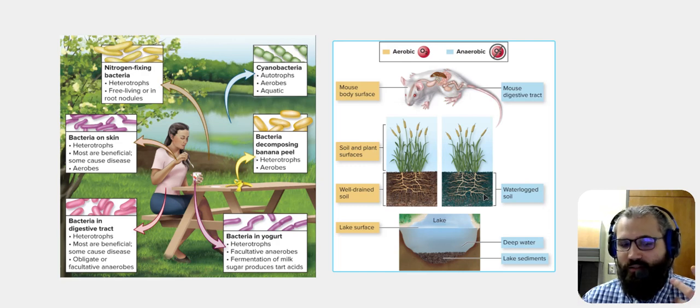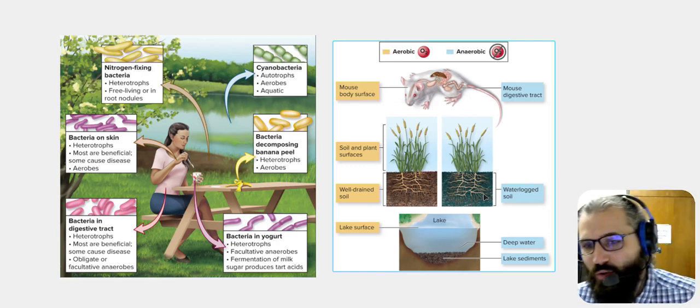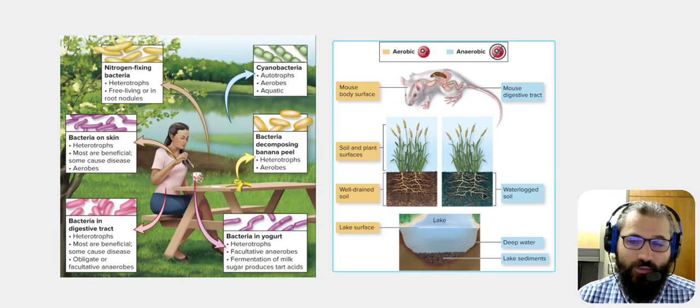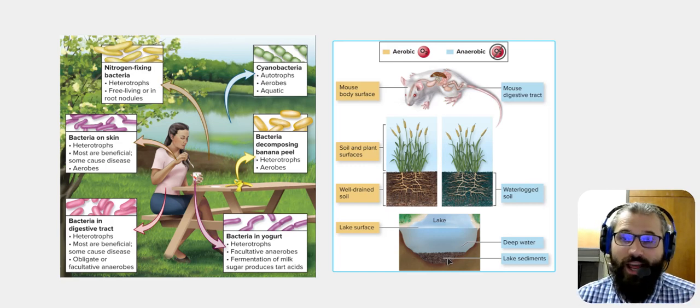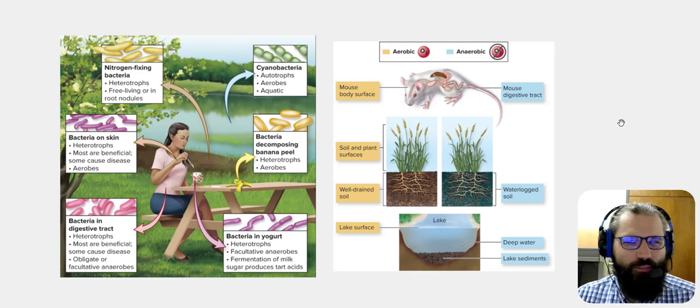If water is saturating, all of a sudden you don't have a lot of gas exchange possible, right? Same thing at the bottom of a lake or a river. With a river it's a little bit less because you have a current, but at the lake you can have sedimentation, and in those or in deep water there's not a lot of oxygen. So that's important to keep in mind.